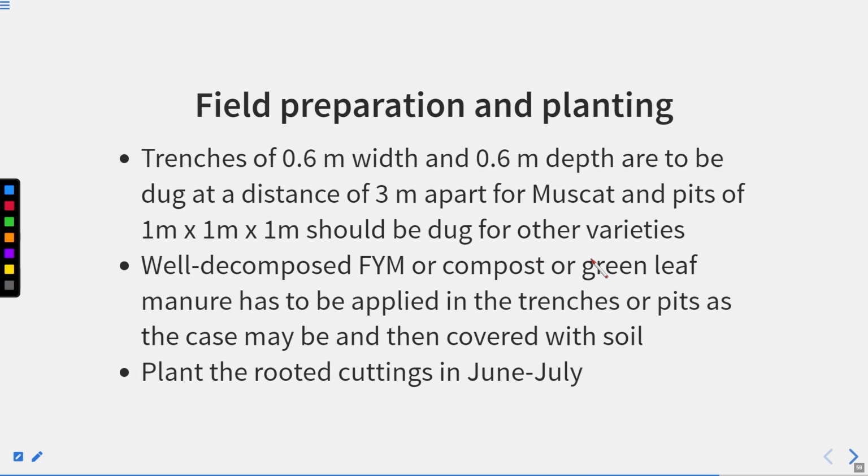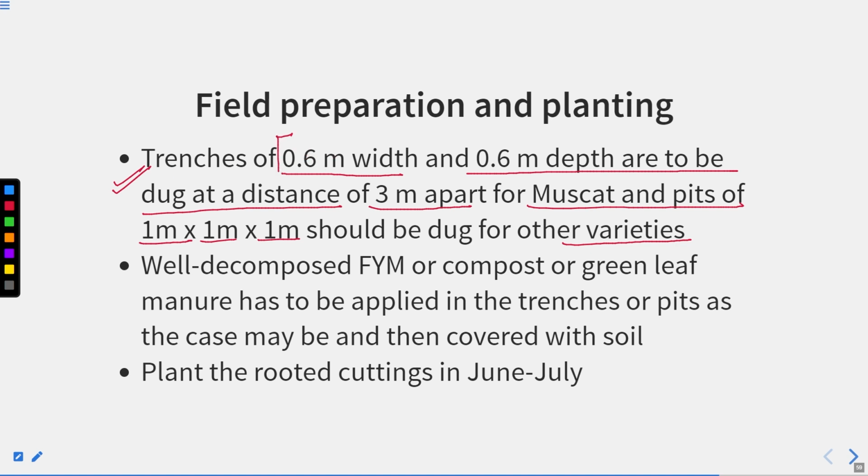Now, trenches of 0.6 meter width and 0.6 meter depth are to be dug at a distance of 3 meters apart for the Muscat, and pits of 1 meter by 1 meter by 1 meter should be dug for other varieties. This is the field preparation for this crop.